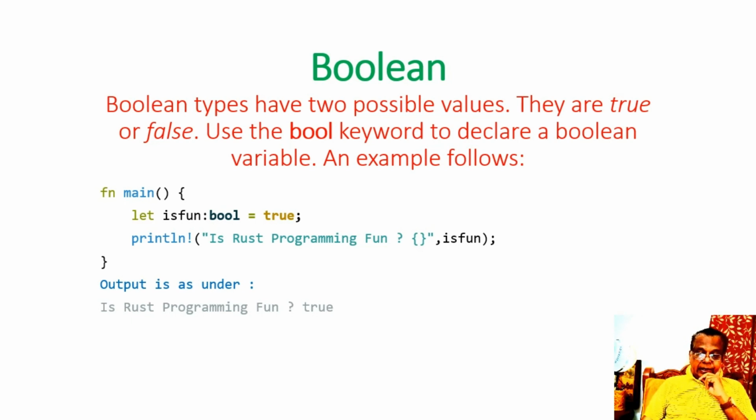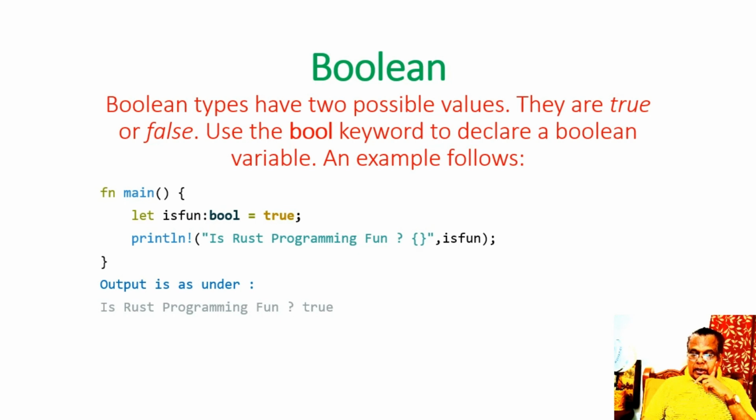Then the println macro. We are calling the println macro in brackets within double quotes: Is Rust programming fun? A question mark. After that, there is a pair of curly brackets. The whole thing is within double quotes.